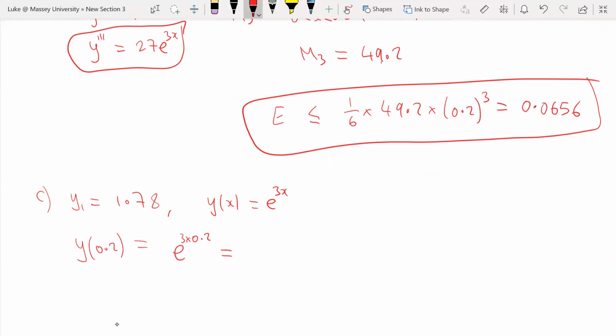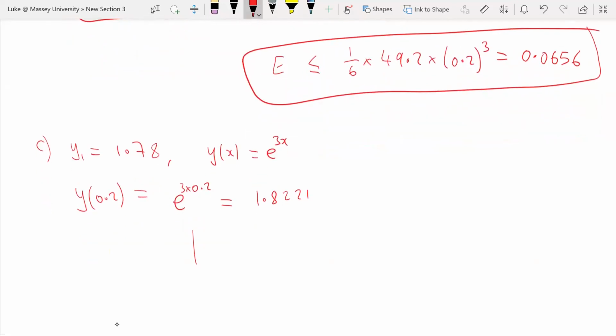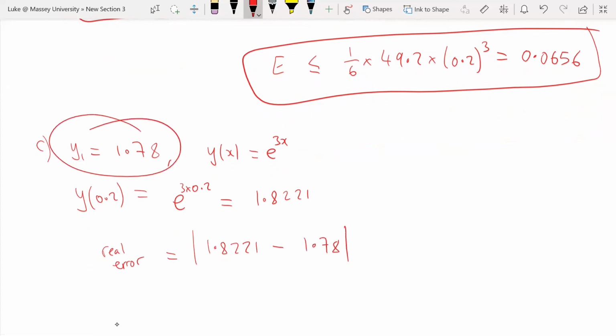It turns out that is 1.8221. So our real error is equal to 1.8221, the exact solution, minus our prediction of it, 1.78. We predicted that y was 1.78 when x is 0.2. If I put that in my calculator, that's 0.0421.